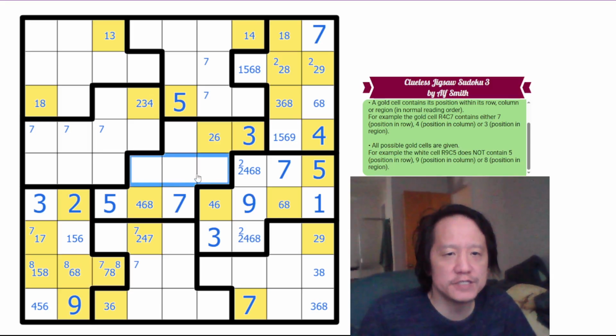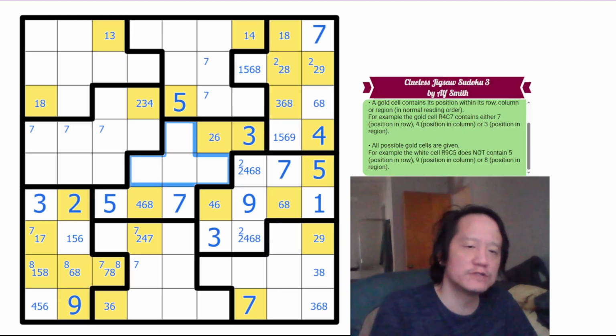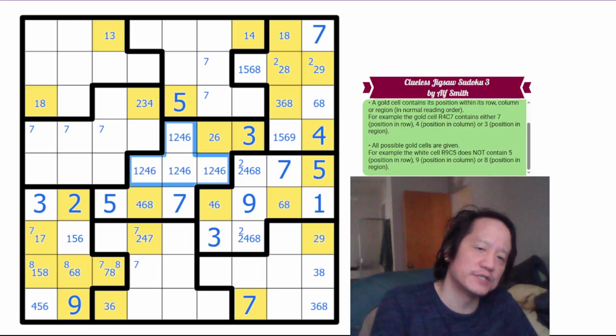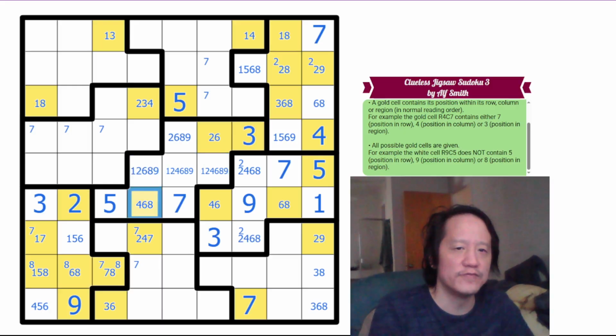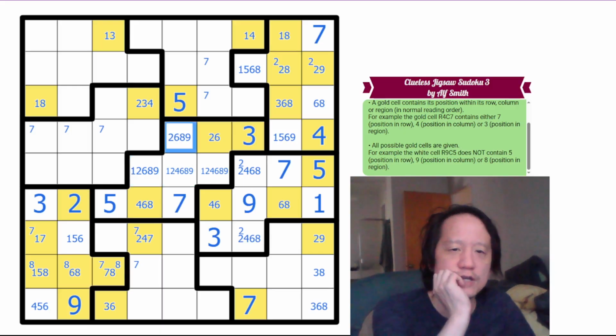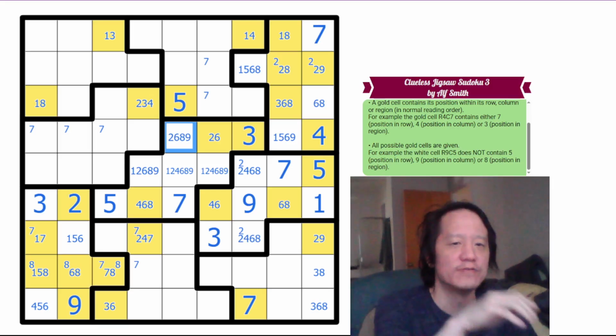The remaining digits in region 5. We have 1, 2, 4, 6, 8, 9. Okay. This can't be 1 or 4. 1 because of its position in the region, 4 because of the 4 in the row and its position in the region. This can't be 4 because of its position in the region. Actually, no, this couldn't be... Yeah, I don't even know what I was saying there.